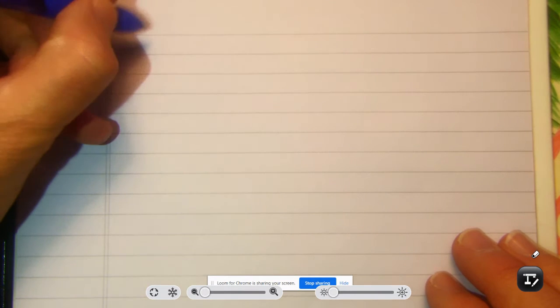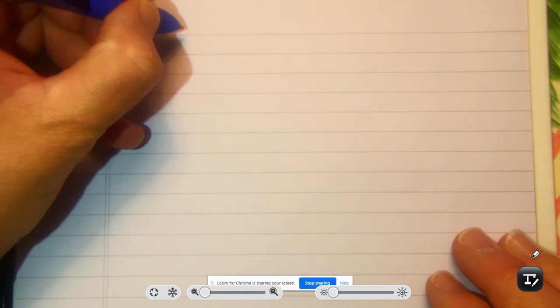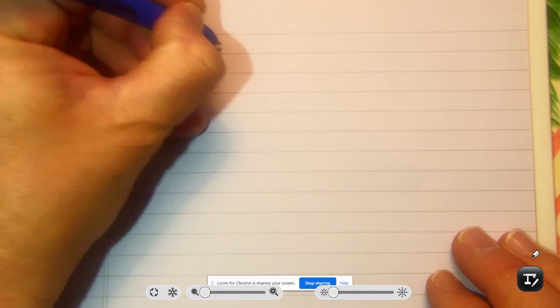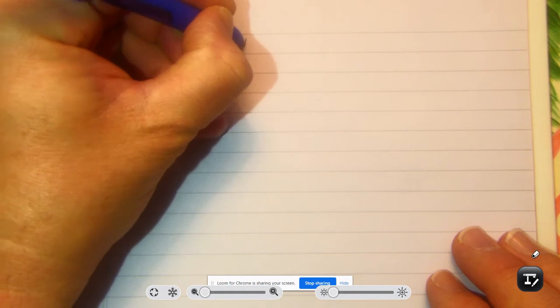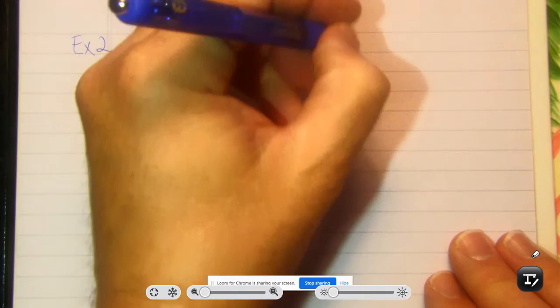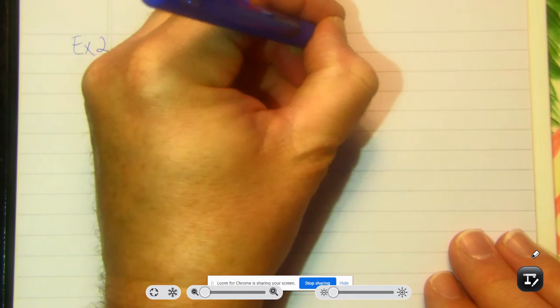And this one is x squared plus 15x equals a negative 54. So our first step to solve quadratics by factoring is to set it equal to 0.